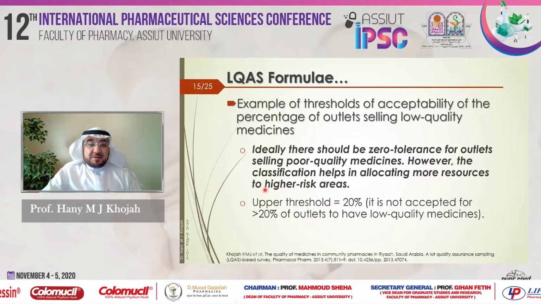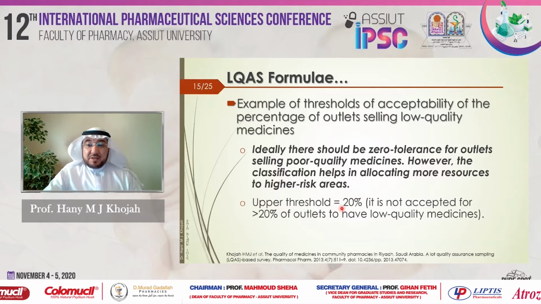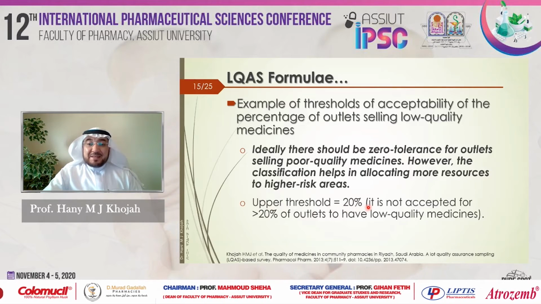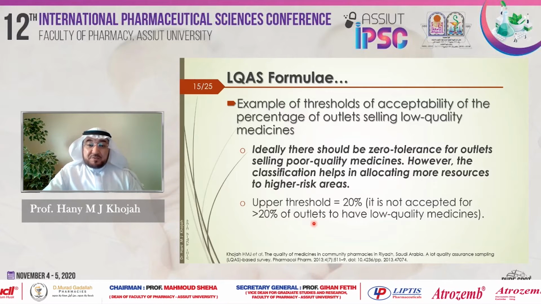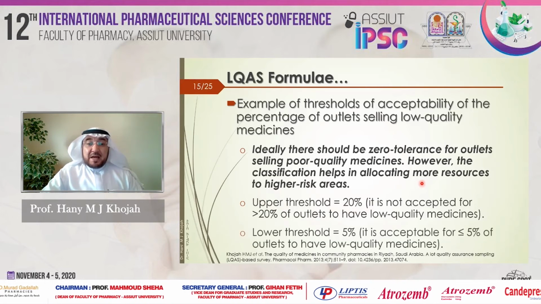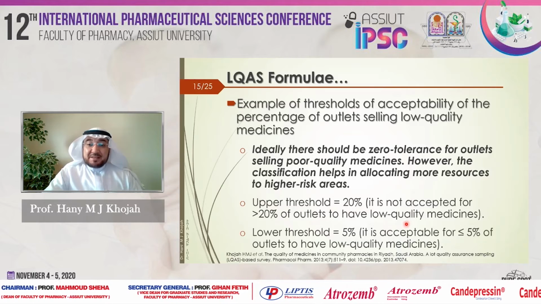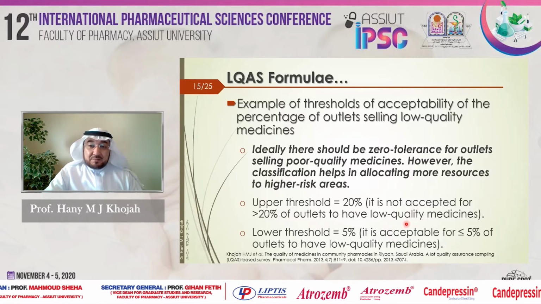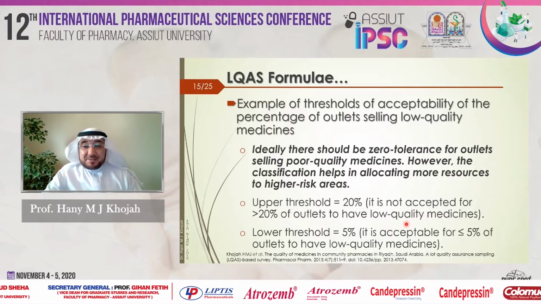Here, in this example, I have used 20% for the upper threshold. So it means that it's not accepted for more than 20% of outlets to have low quality medicines. And the lower threshold was set to 5%. It means that it is acceptable. Acceptable, please differentiate between accepted and acceptable.